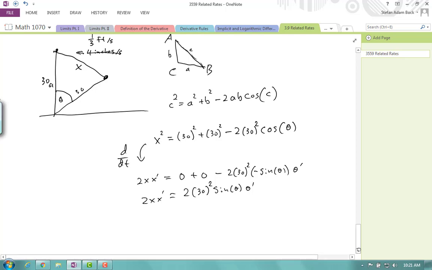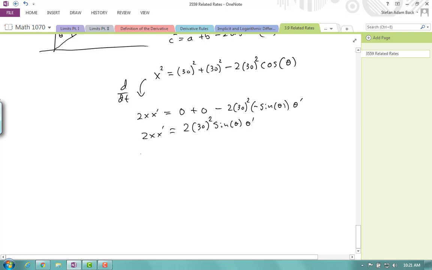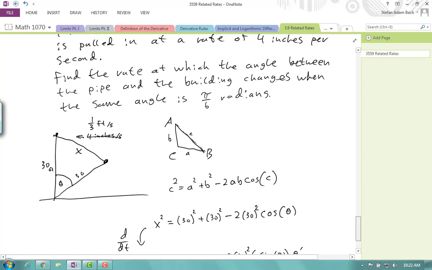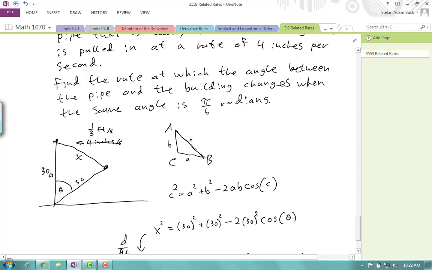If I try to plug in all the information I have, I'll have 2, I don't know the length of x, but I do know the rate of change of x. That is negative 1/3, because it's a shrinking value. I missed that when I drew my picture. Since this pipe is going up towards the building, the distance between the building and the pipe is shrinking.